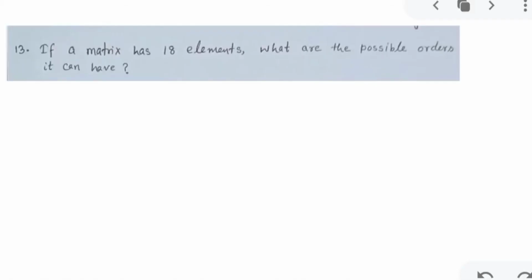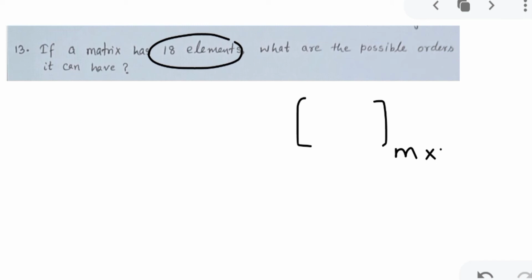Okay, so question number 13 is: if a matrix has 18 elements, what are the possible orders it can have? So the matrix has 18 elements. You know, if a matrix has order m cross n, then the number of elements in the matrix will be m n.